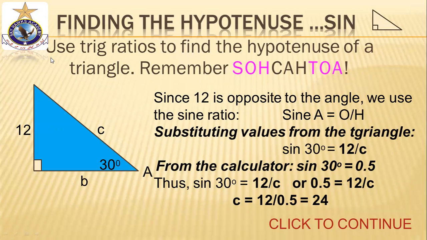Sine is equal to O over H. Substituting values from the triangle, sine 30 is equal to 12 divided by c. From the calculator, sine 30 is equal to 0.5. Thus, 0.5 is equal to 12 divided by c. C is equal to 12 divided by 0.5 equals 24.